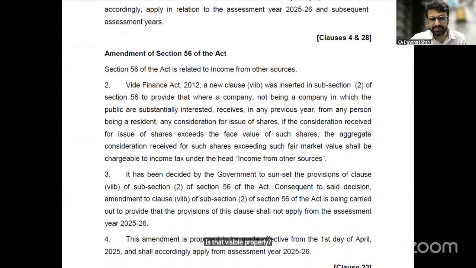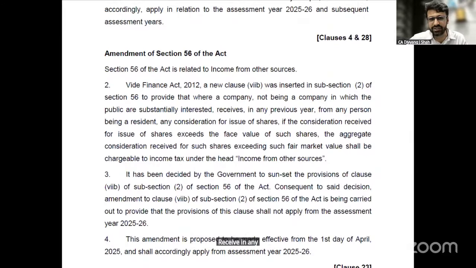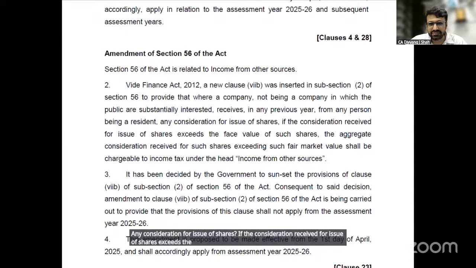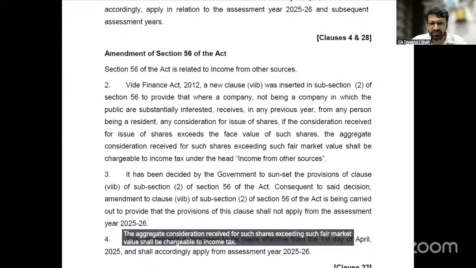This is something important. Section 56(2)(viib). This section says that where a company, not being a company in which the public are sufficiently interested, receives in any previous year from any resident any consideration for issue of shares, and the consideration exceeds the face value of such shares, the aggregate consideration exceeding the fair market value shall be chargeable to income tax under the head income from other sources.